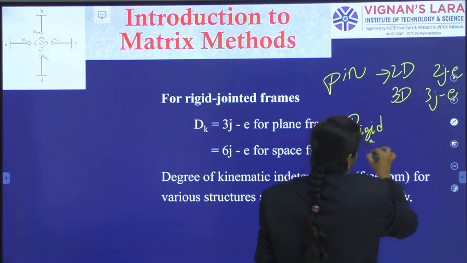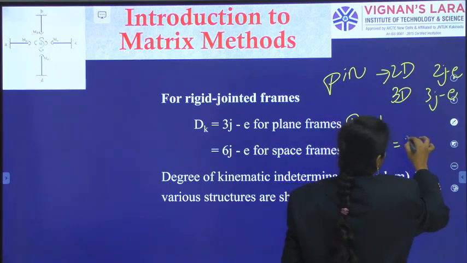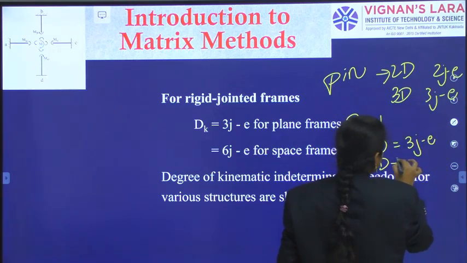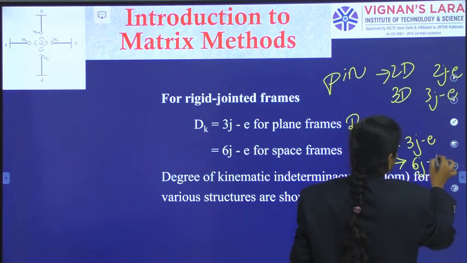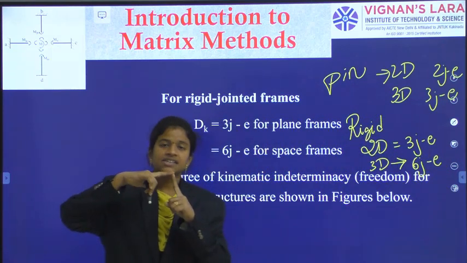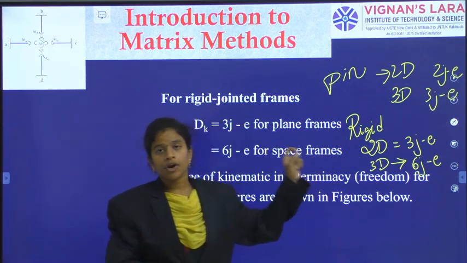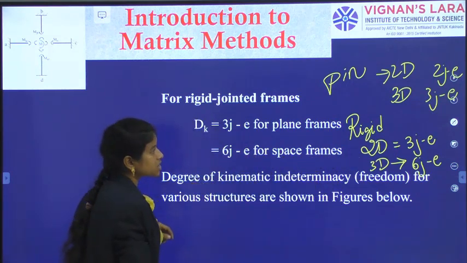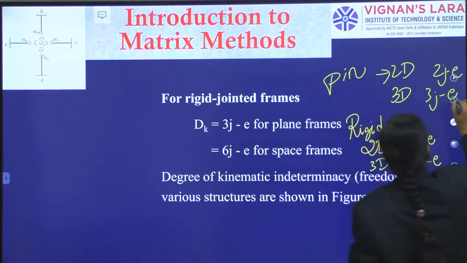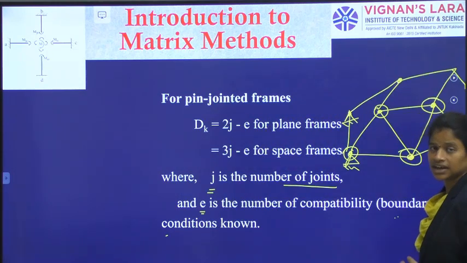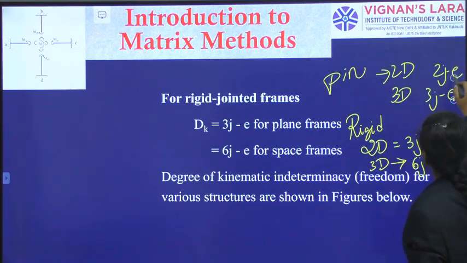Rigid jointed 2D, 3j minus e. 3D, 6j minus e. j is the number of joints, and e is the number of compatibility conditions or boundary conditions we know. What are the boundary conditions we know? That is the e count.